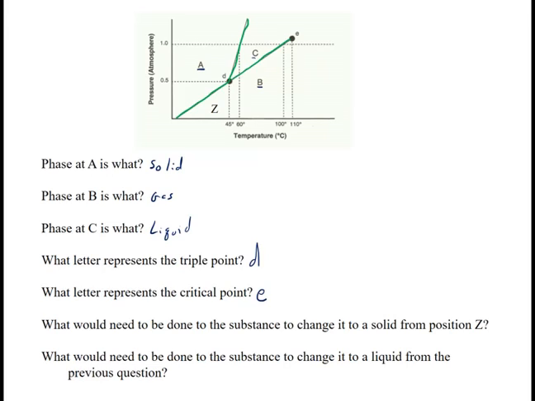What would need to be done to change the substance to a solid from its position Z? So starting out right here, how would I change it to a solid? And there's actually two correct answers here. Because I could go straight up, or I could go straight left, or any combination there. Okay, but basically they both involve lowering the temperature.